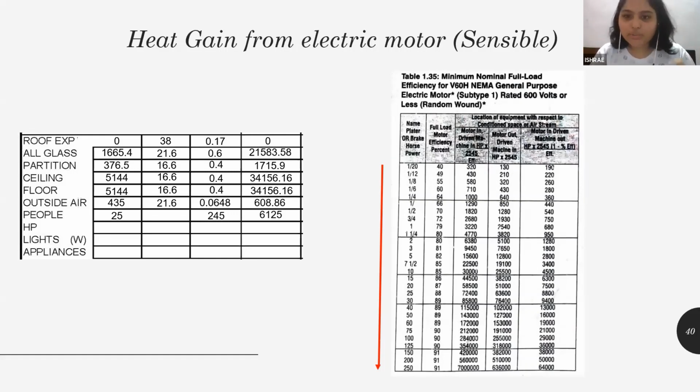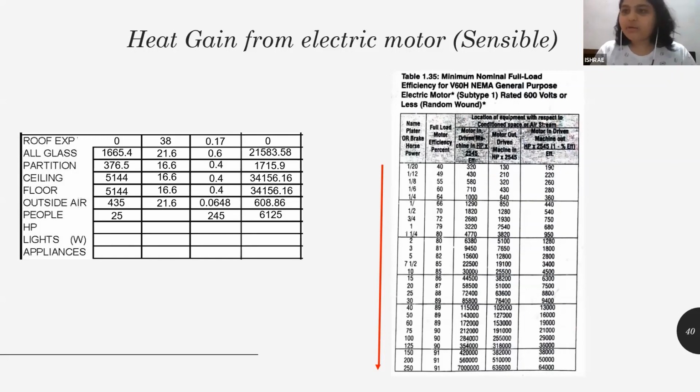When you're talking about HP, if you select a particular AHU that has an electric motor running inside it, this electric motor, when it is converting its electrical energy into mechanical energy, agar uska efficiency kam rehta hai, so it also dissipates heat. Now this heat that is being dissipated also adds to the supply air that is passing through your AHU, so that is to be considered as a part of your heat load.